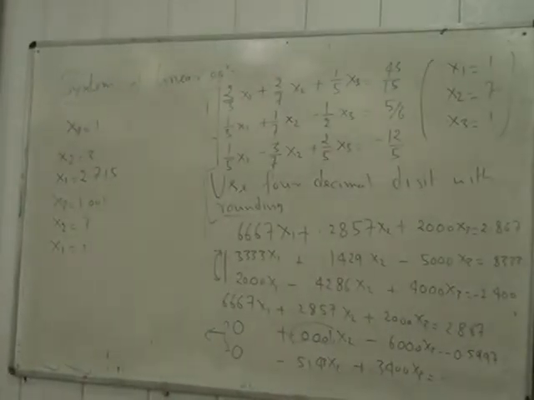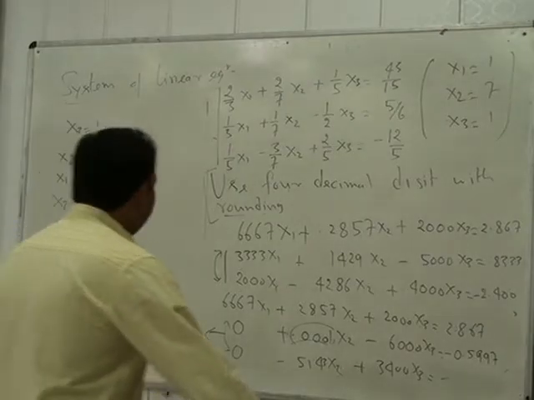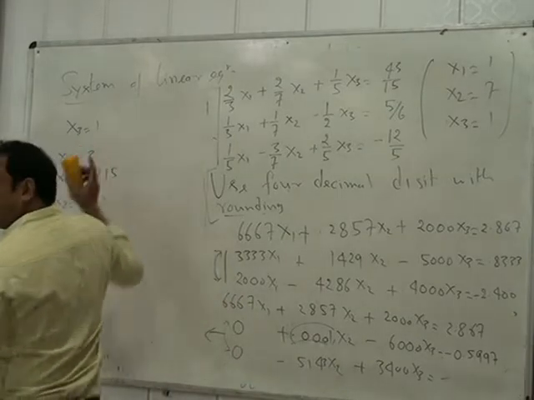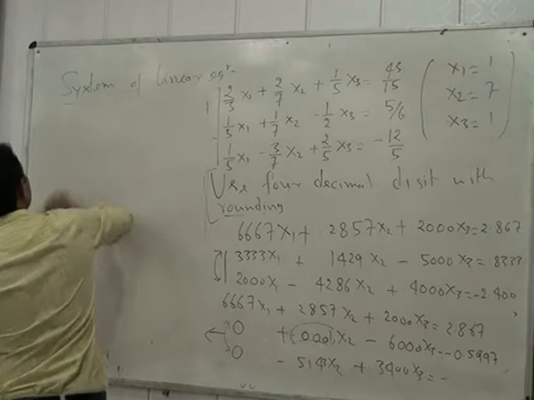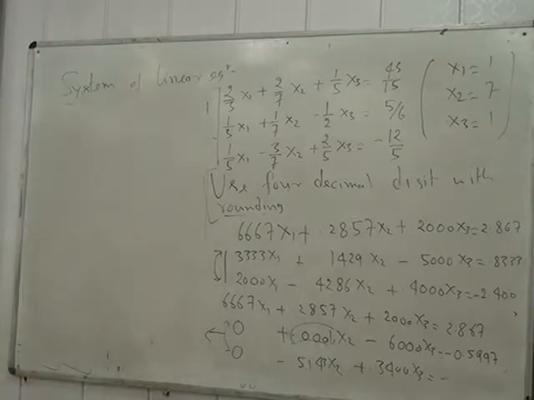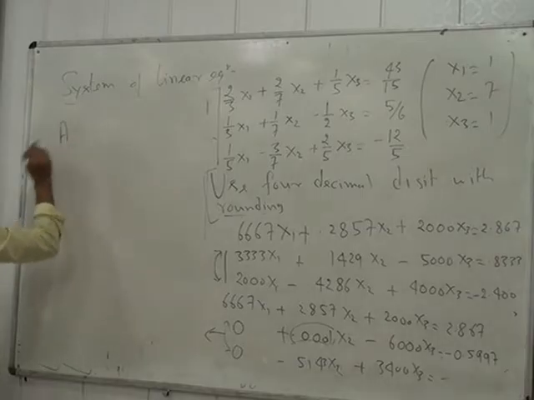So then I will answer this question first. How do I decide whether I have to go for interchanging rows or not? Let's say A is your 3 by 3 matrix.